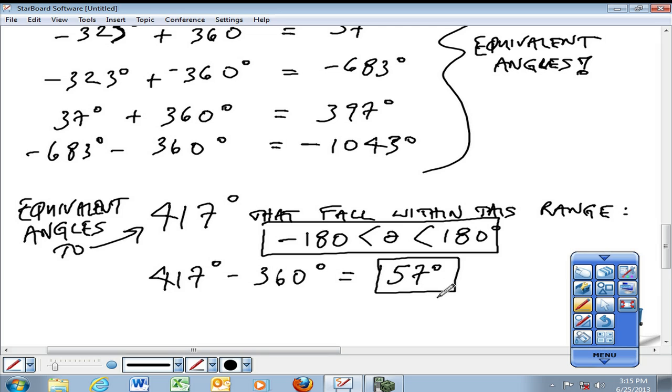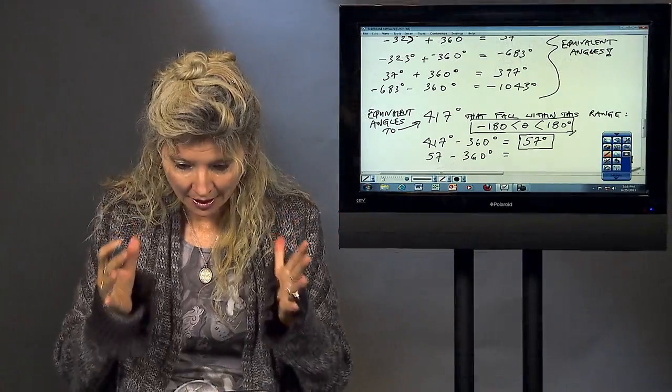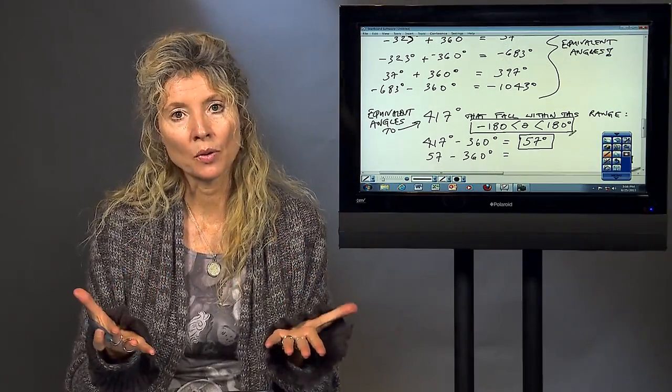Any more? In other words, if you take 57 and subtract 360, it's important to understand, don't get distracted by the 180s here. I would say that's a real common problem. Students will see this range, and I don't know if it's test anxiety or maybe you're just not really focused on what we're about.